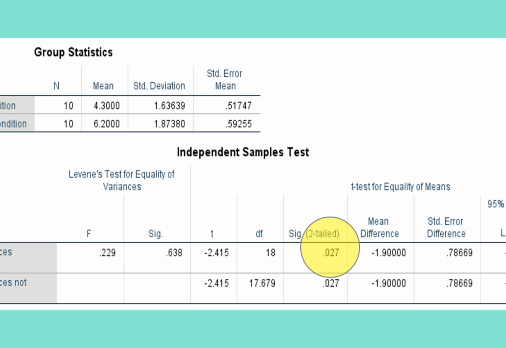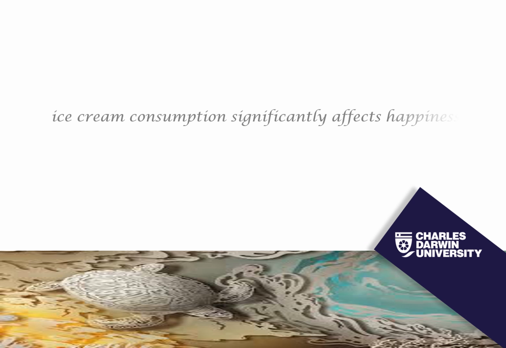If this p-value is greater than 0.05, we are less than 95% sure the two conditions would differ on happiness in this population. We would thus conclude, in statistical lingo, that ice cream consumption does not significantly affect happiness. In this example, the p-value is less than 0.05, so we conclude that ice cream consumption significantly affects happiness. In other words, happiness would differ between the two conditions in this population.